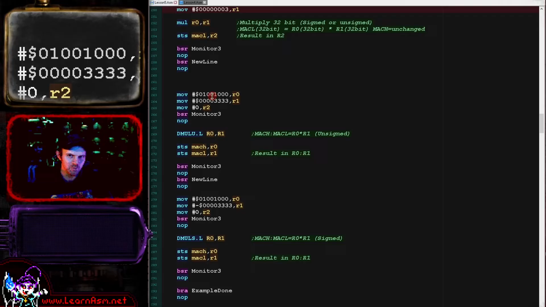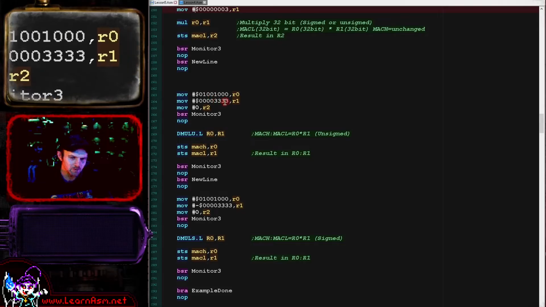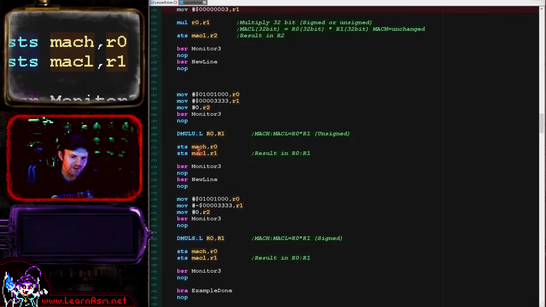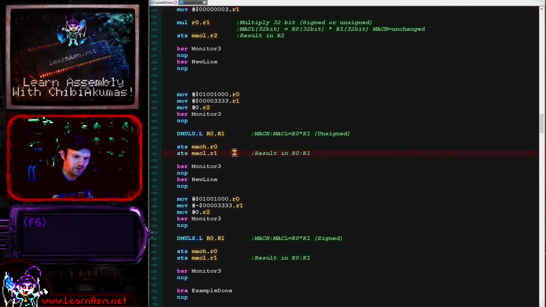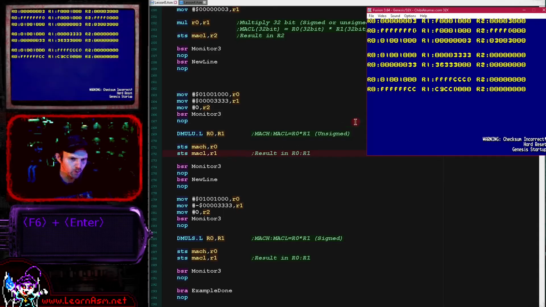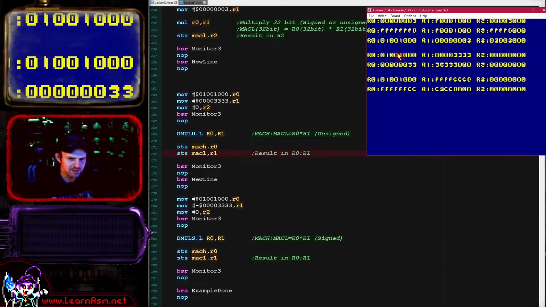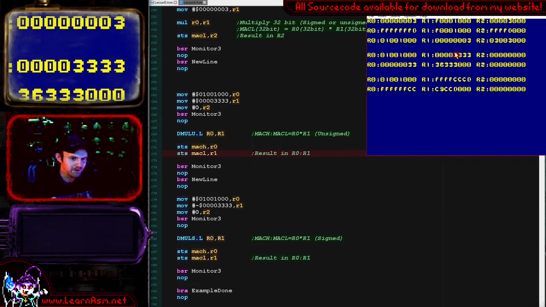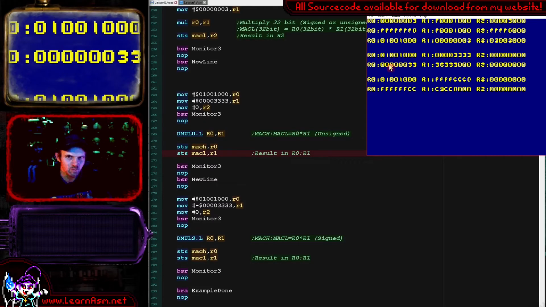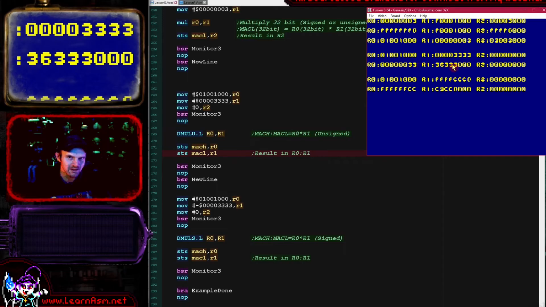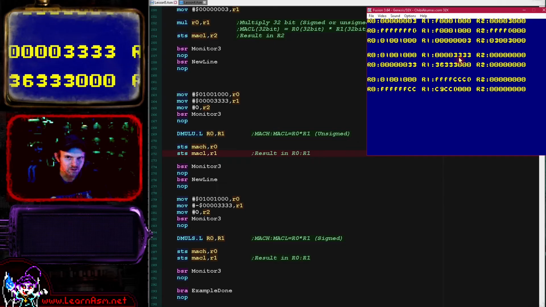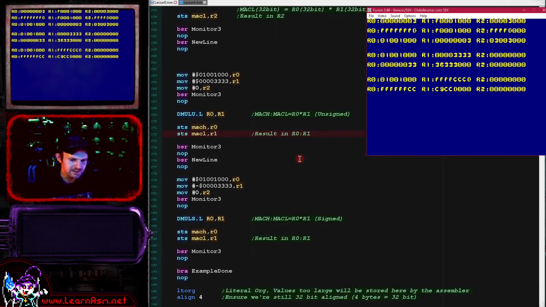Here's our 32-bit pair, and here's our other 32-bit pair, and we're going to move our 64-bit result back into R0 and R1. So let's fire this up and see what happens. Here is our value that we're multiplying by this, and when we get our result, it will be in this 64-bit pair here. That does look like it's given the correct value, so that has worked correctly.